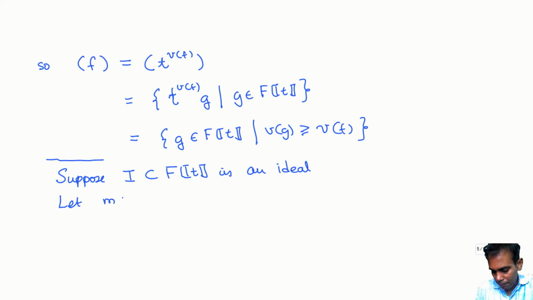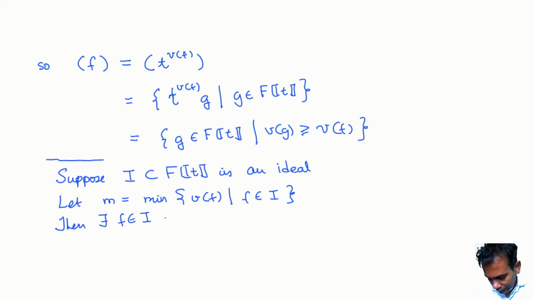Let m be the minimum of the valuations of all the elements of I. Then of course I has an element with valuation m. So there exists f belonging to I such that the valuation of f is equal to m.